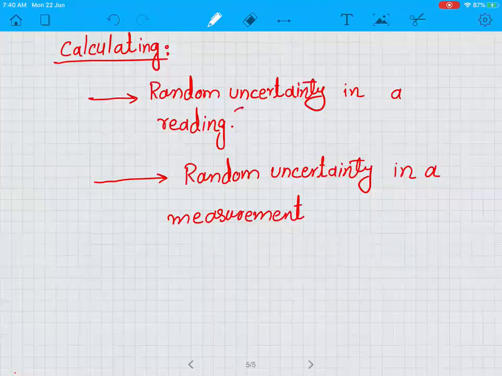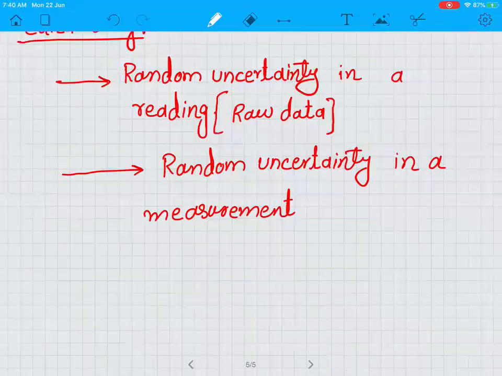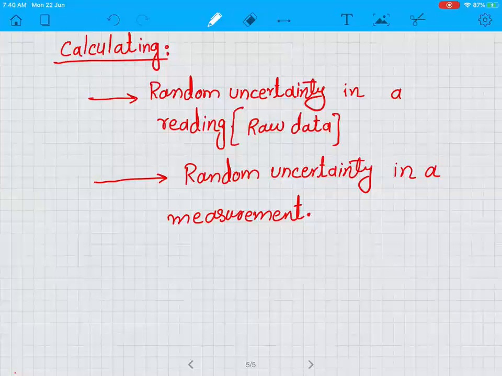Here, reading will be the raw data that you take from the instrument, and the measurement is values calculated from the readings. Now, first of all, random uncertainty in the raw data taken from the instrument. Let's go for some examples.